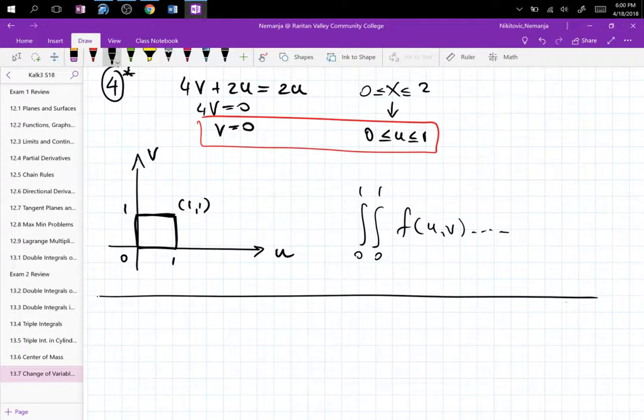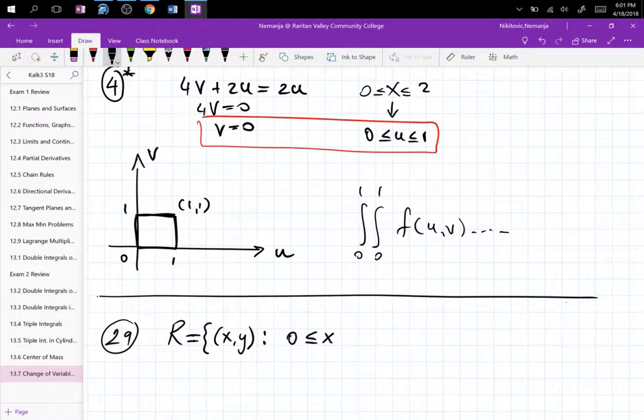So let's transform another region from problem 29. Again, I'm not doing the entire problems here, I'm just transforming regions. The region is given by (x, y) such that 0 less than or equal to x less than or equal to 2, and then negative x over 2 less than or equal to y less than or equal to 1 minus x.